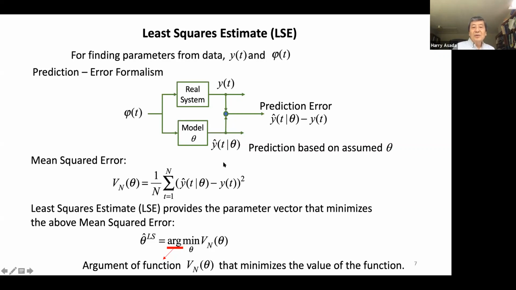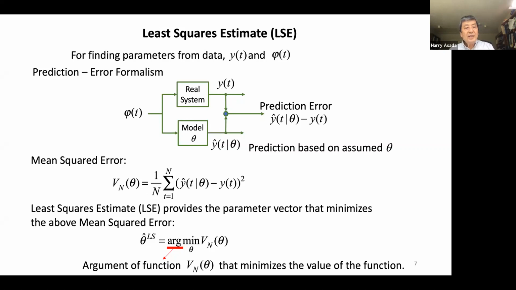Then what we'd like to do is take the square of them and take the summation over all samples, t equals 1 to N. I use t here, but it does not necessarily mean time, it's just an index. It can be treated in a broader way. So suppose we have capital N samples. We take the summation and divide by N to get the mean squared error, right?